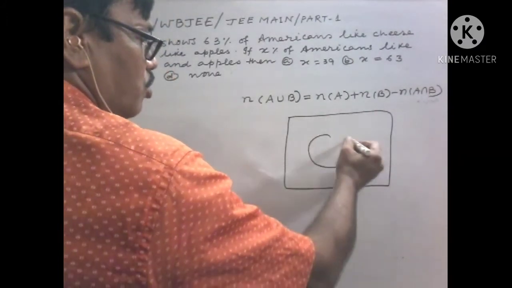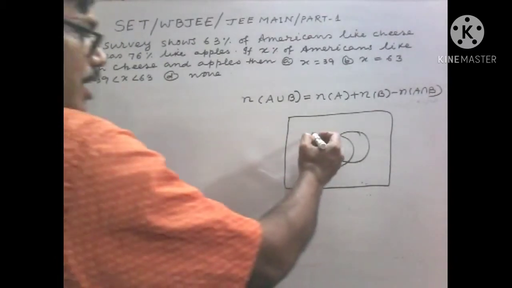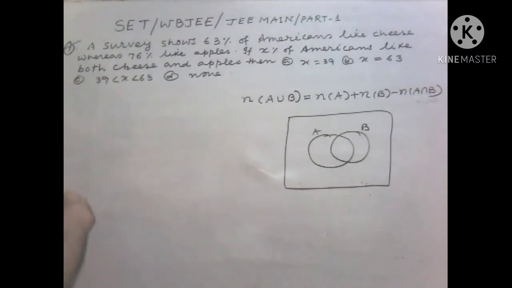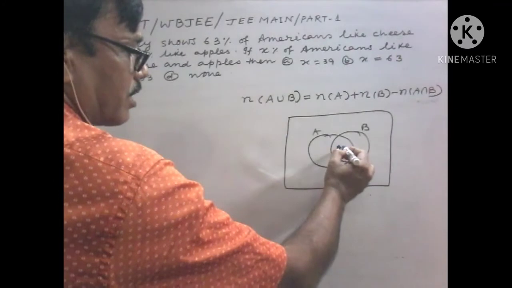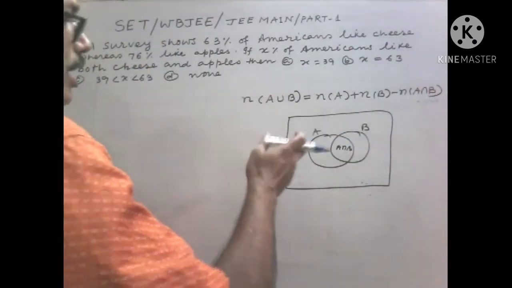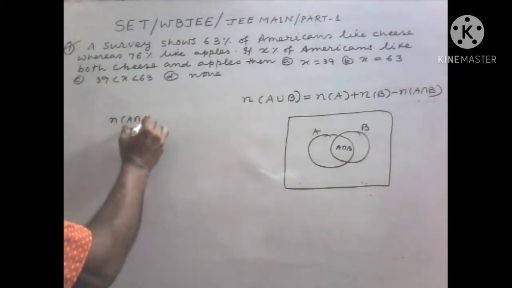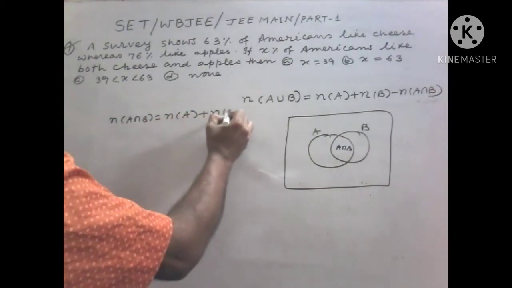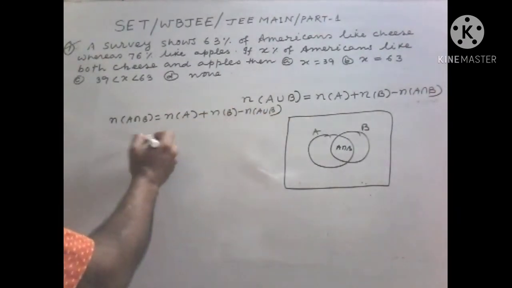So, for 2 sets, this is A, this is B. So x equals the common part, this is A intersection B. So n(A intersection B) equals x. So what is n(A intersection B)? By the previous rule, n(A) plus n(B) minus n(A union B). Now, what is n(A)?